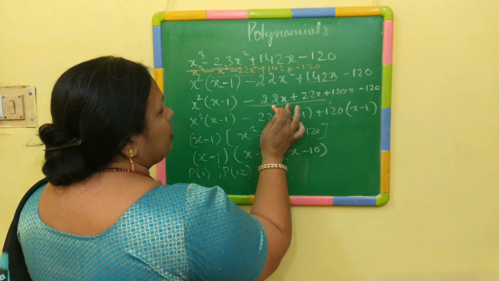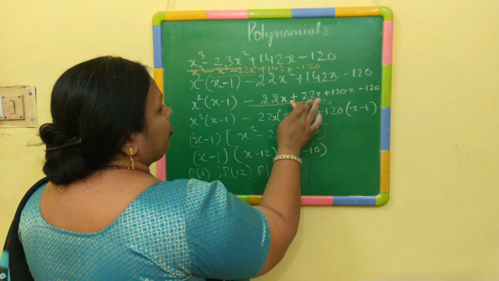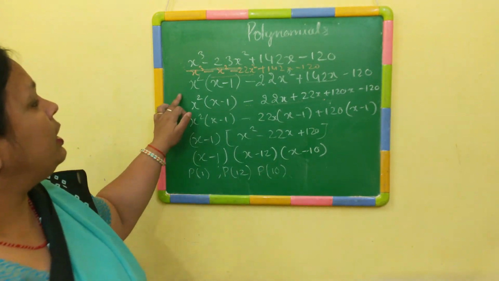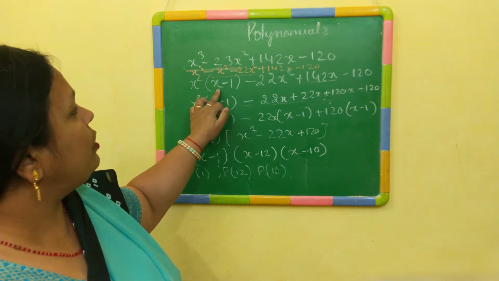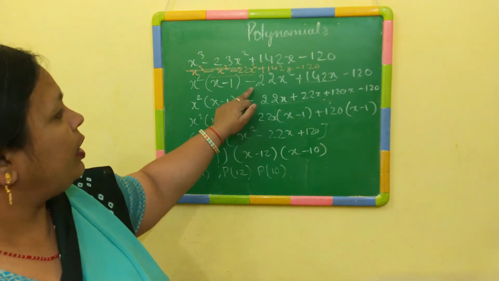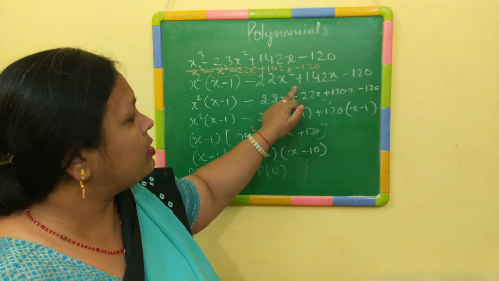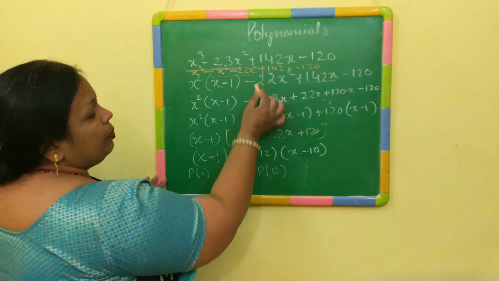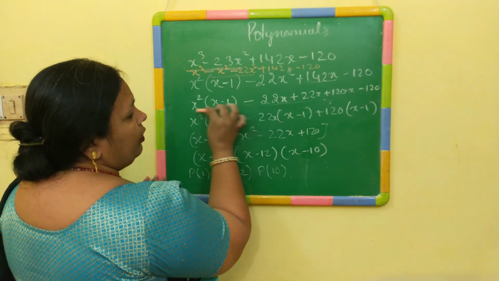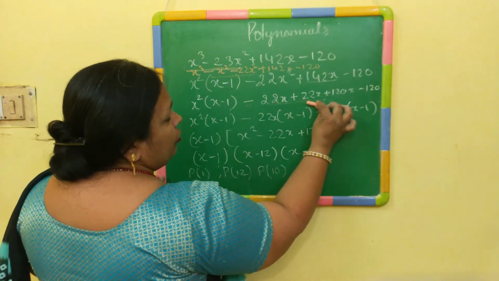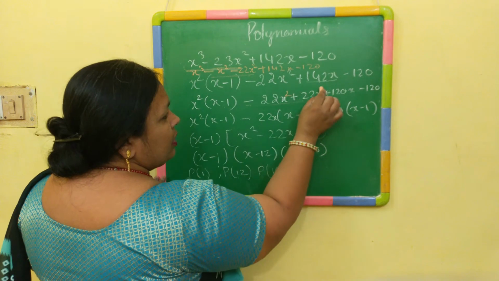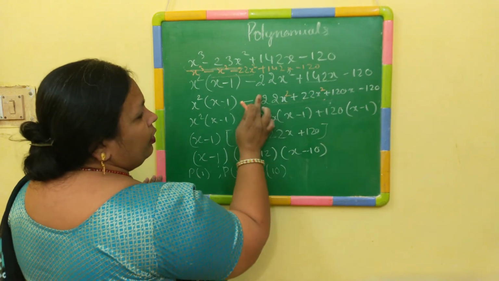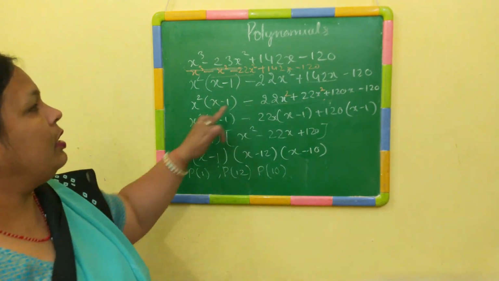So what we can see here is we have taken x square into x minus 1 as common, minus 22x square has remained plus 142x minus 120. So the next step is we cannot do anything regarding this. Now we will be checking it here. So this has become x square and x square. We need 22x in the center.